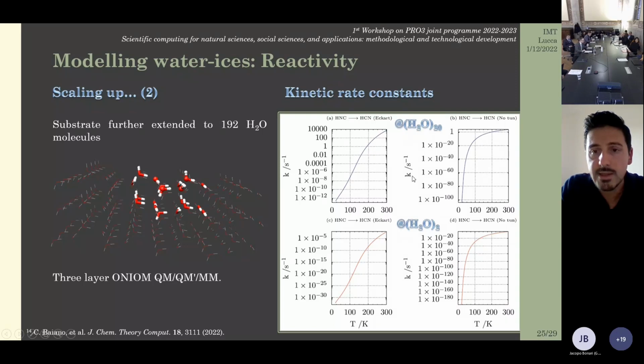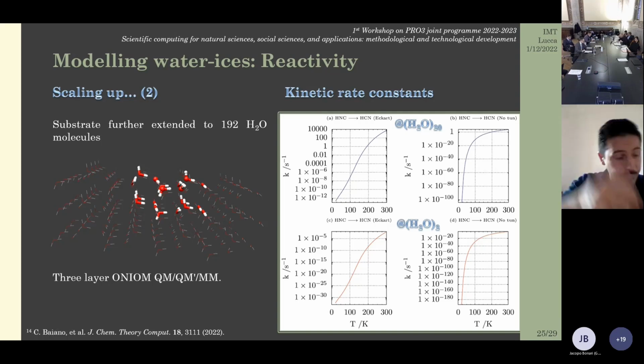And furthermore, the kinetics has been simulated by considering quantum tunneling in A and C, and neglecting quantum tunneling in B and D. And actually, by comparing results with quantum tunneling against those without quantum tunneling, we can see that the inclusion of tunneling effects increases again the rate constants by orders of magnitude.